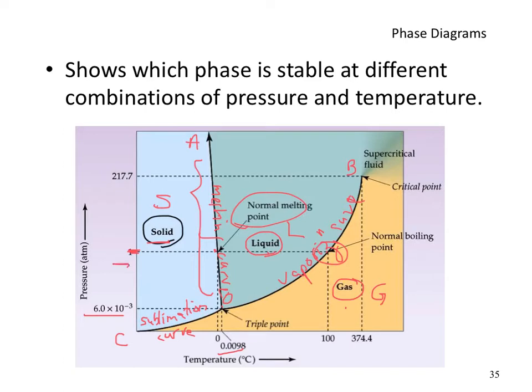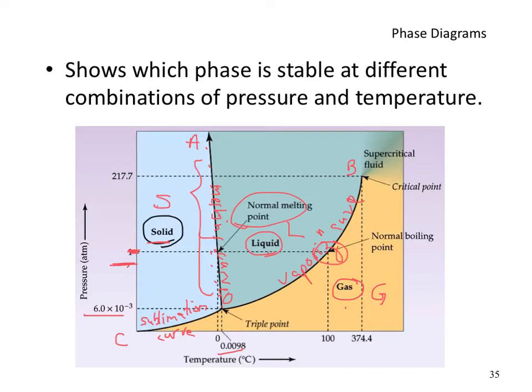And specifically at 1 atm, we refer to that particular melting point as the normal melting point. Of course, the entire curve has many melting points on it. Likewise, OB is made up of many vaporization points, but specifically at 1 atm, that particular temperature is going to be called the normal boiling point.